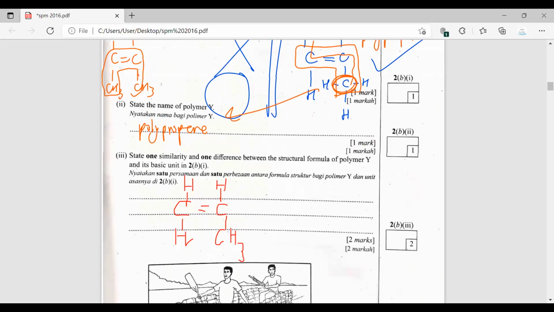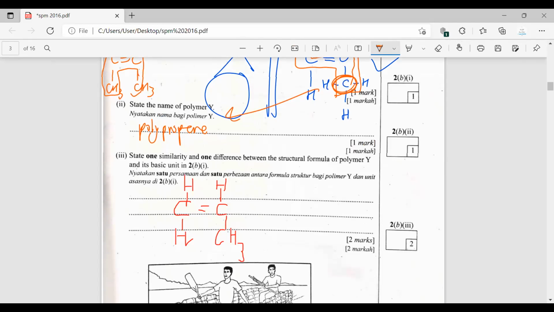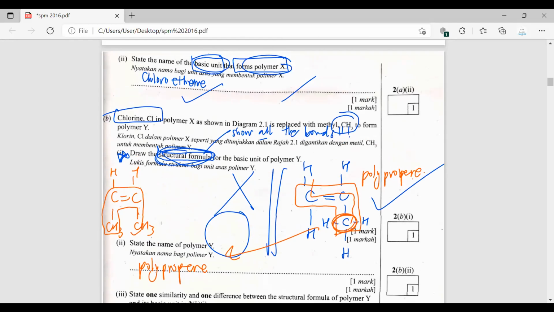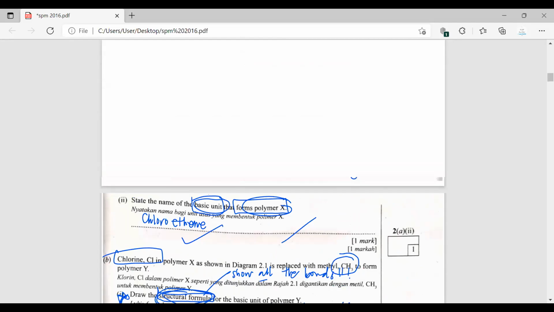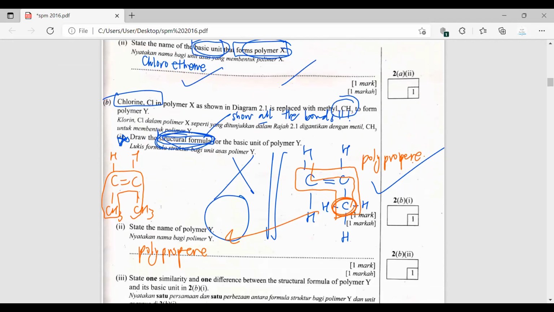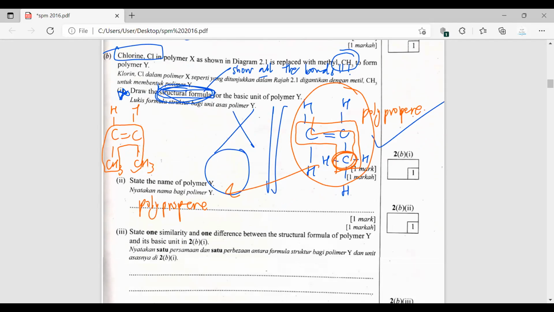Okay, so now, Carolyn, can you take out your answer? Okay, what is the similarity and difference between polypropylene and the basic unit? Okay, in 2B1. All right, I have a monomer here, and then I have got polypropylene. So what is one similarity and what is one difference between the both of them?